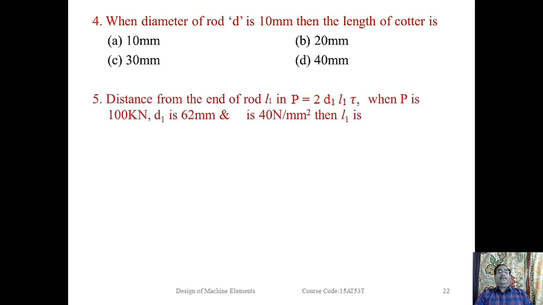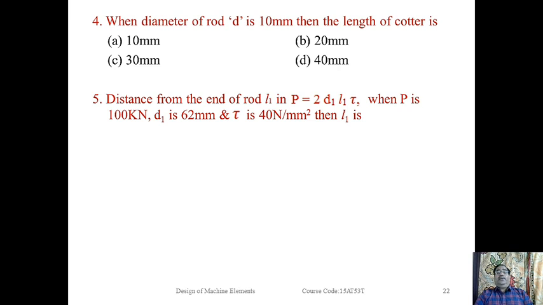Fifth one, the distance from the end of rod L1: capital P is equal to 2 d1 L1 into tau, when P is 100 kilonewton, small d1 is 62 mm and tau is 40 Newton per mm square.